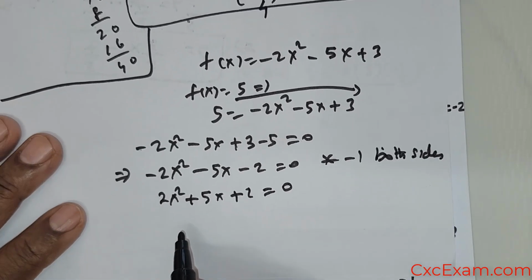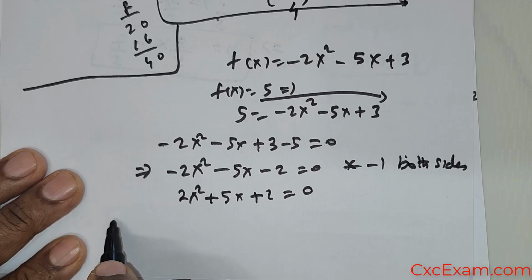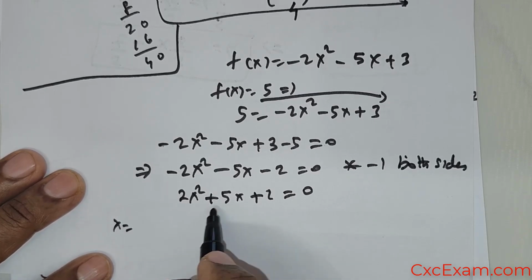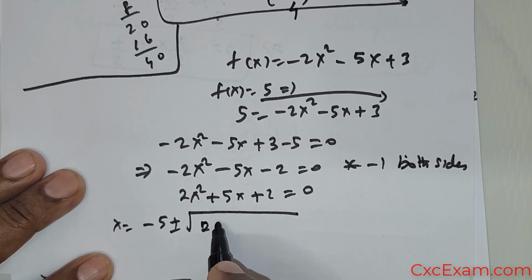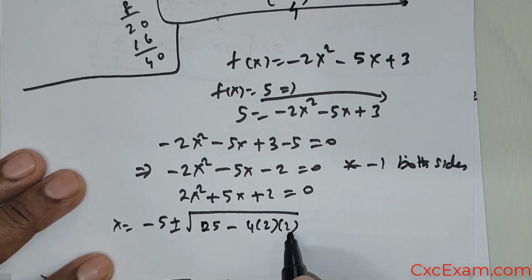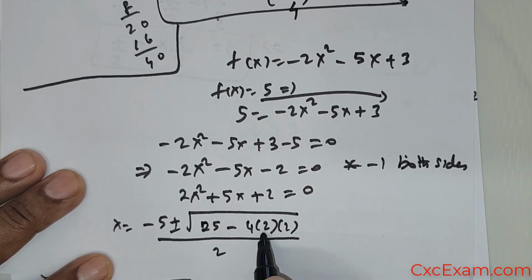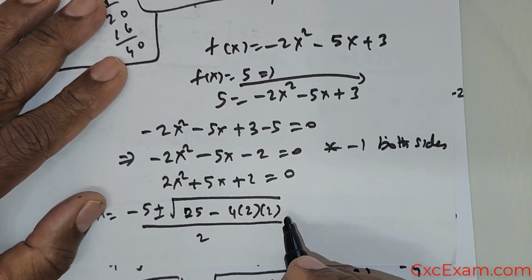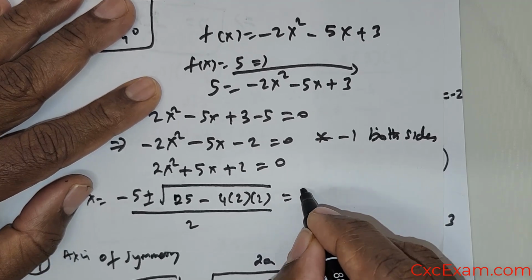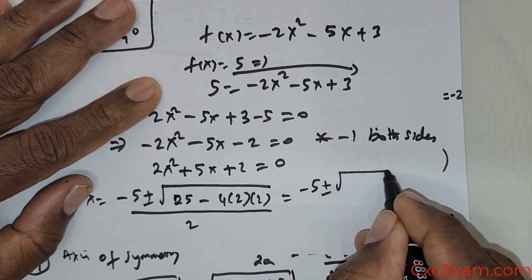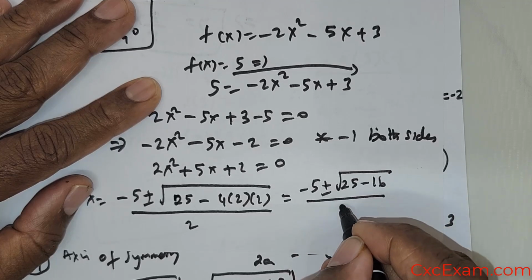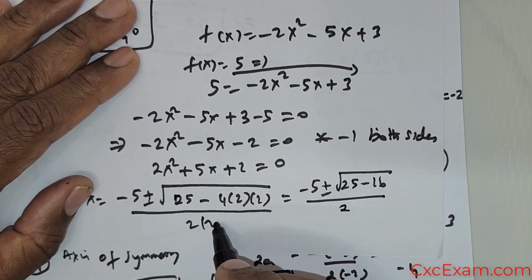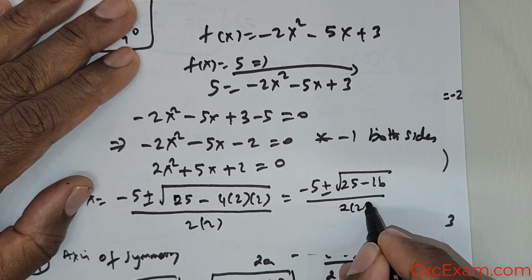Now you can use the quadratic formula. x is equal to negative b plus or minus square root of b squared, that's 5 squared, negative 4 times a times c, divided by 2a. 4 times 2 is 8. 8 times 2 is 16. So it's going to be negative 5 plus or minus root of 25 negative 16, divided by 2 times a. So it's going to be 2 times 2.